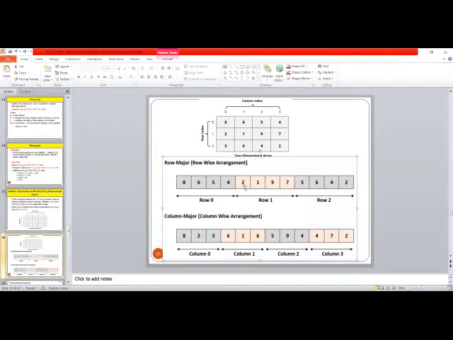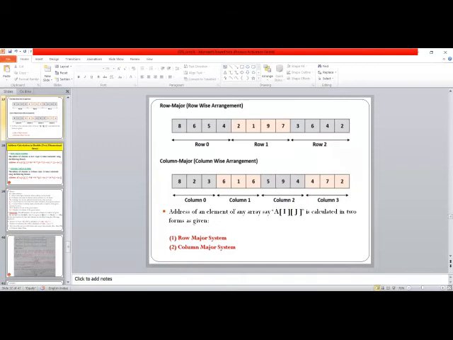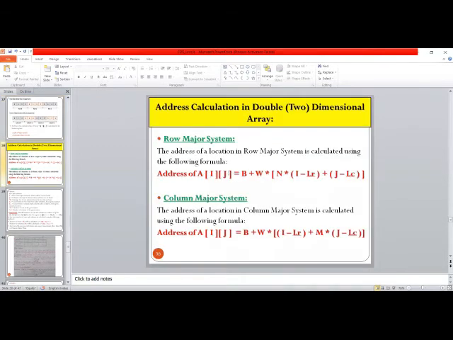Now we have to find out the address of a particular element in both of these arrangements, that is row wise and column wise, right? So this is the formula for calculating the address of a particular element in row major, and this is the formula for column major, right?